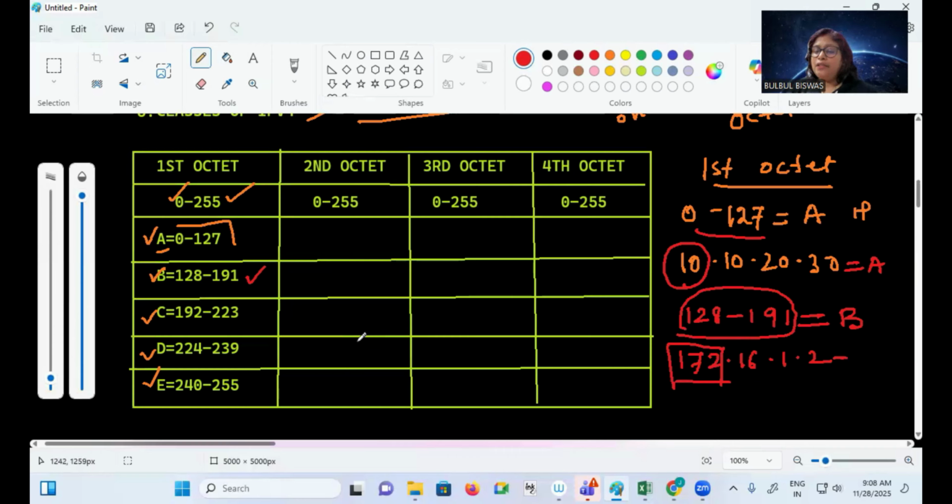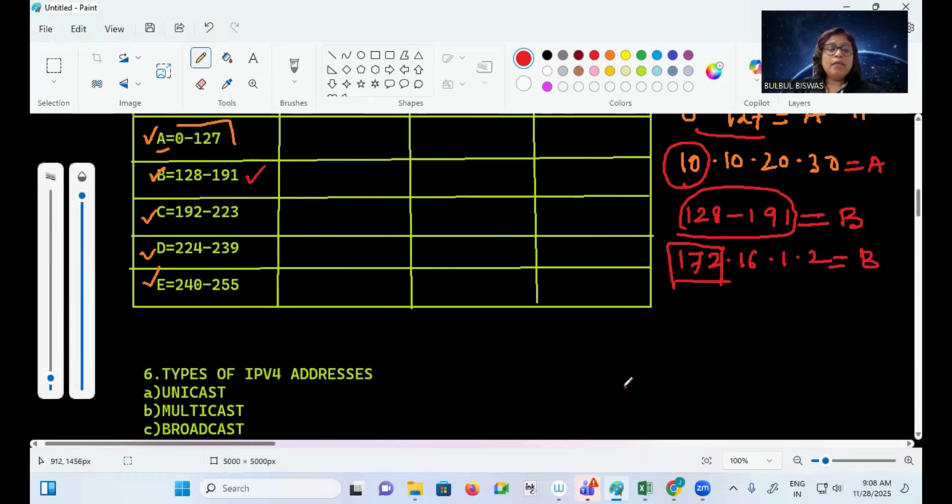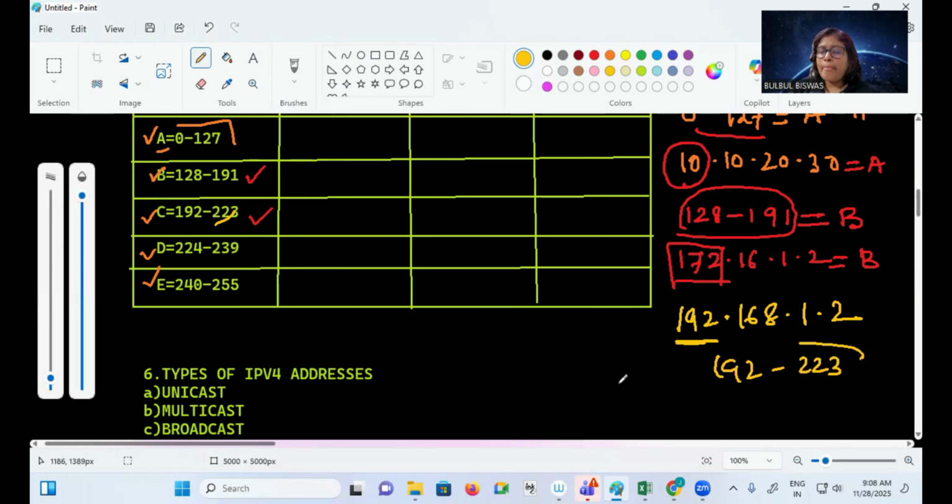That means 172 is nothing but a class B IP address. In a similar way, for class C, I'm writing an IP, 192.168.1.2, and you very carefully observe this 192 is coming within the 192 to 223 range. That means this is a class C IP address.